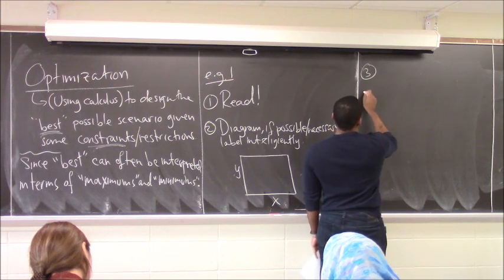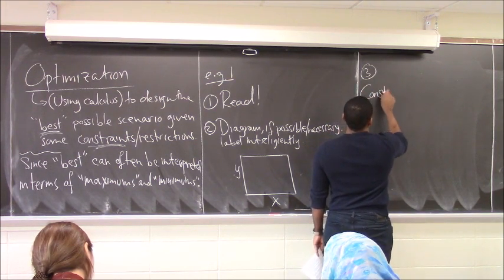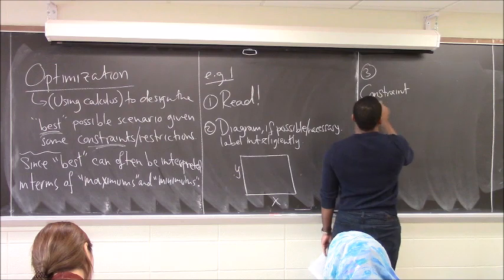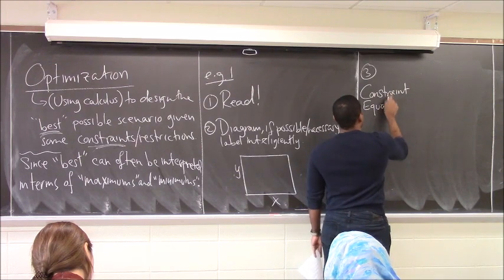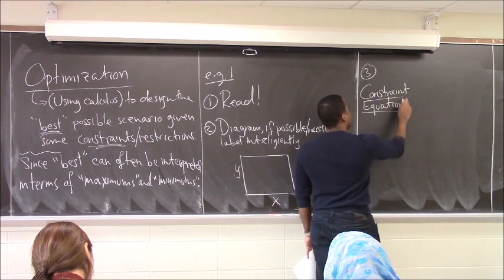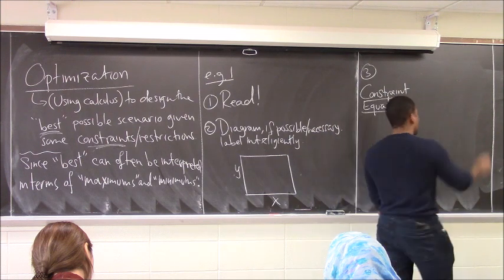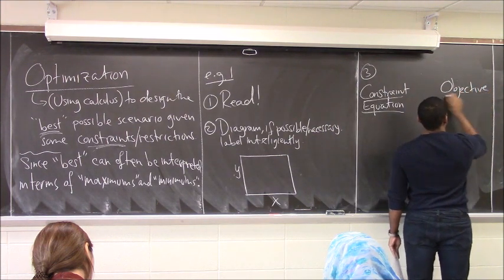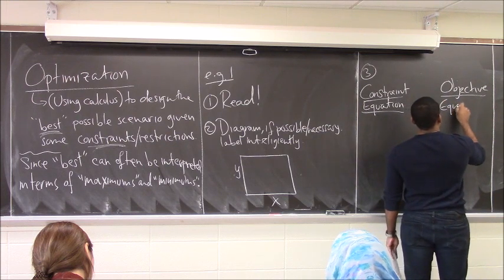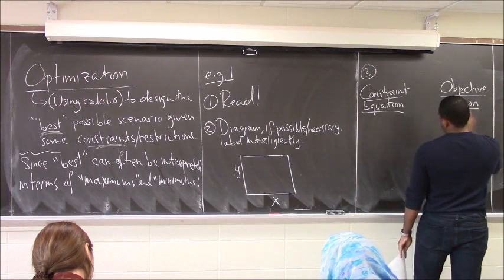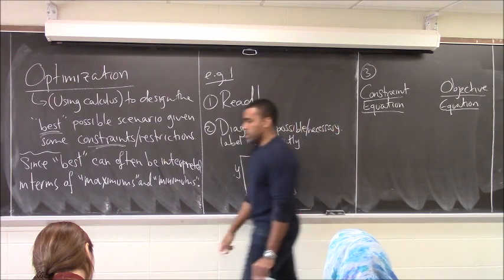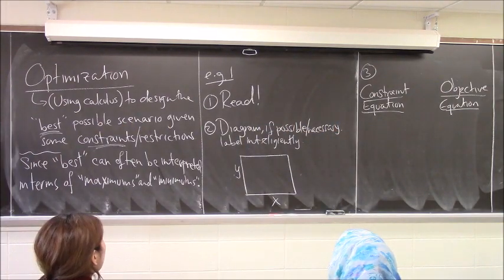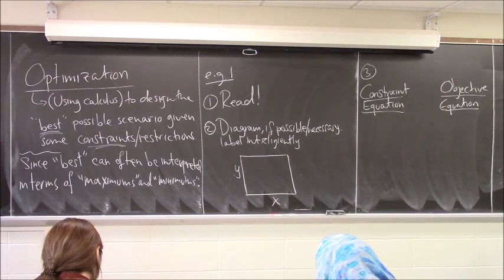So in step 3, we're going to describe what's called the constraint equation. And we're going to also describe another equation called the objective equation. Now, the constraint equation, that's the equation that's going to describe the restriction that you have. Right?